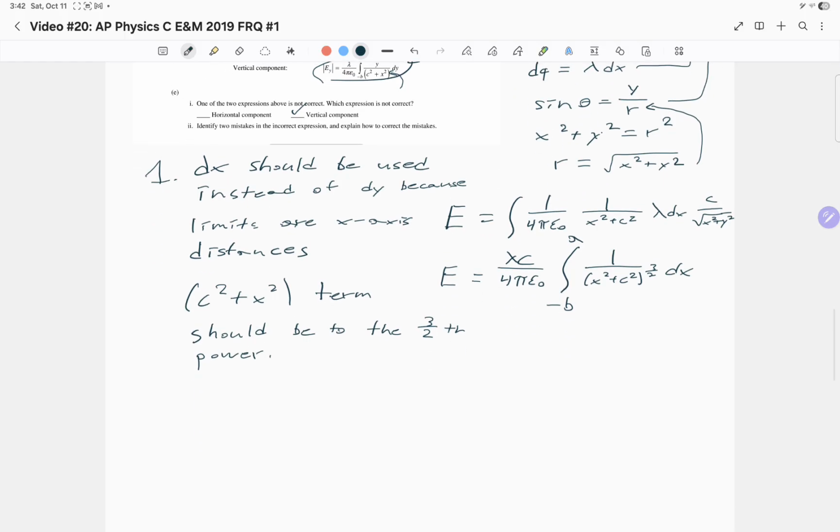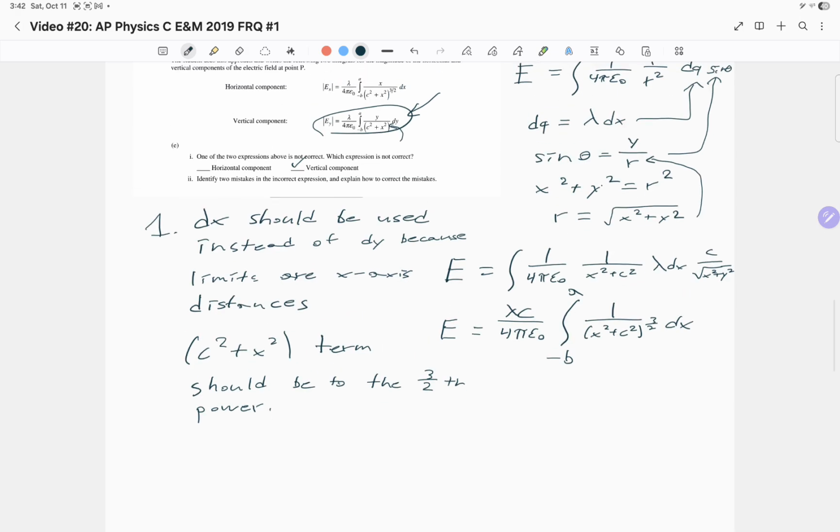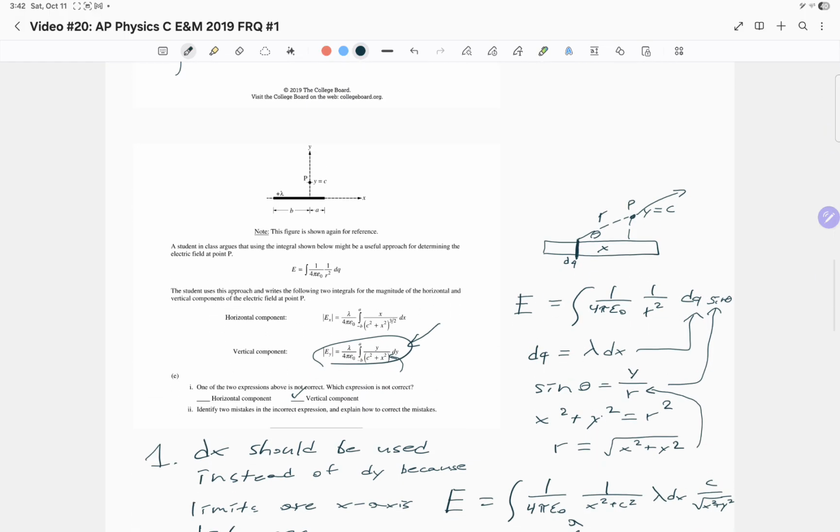Yeah, so those are two mistakes that they would change. And to correct the mistakes, instead of the first power, have it be 3/2. For the dx mistake, I would replace dy with dx. And if you make those two changes, you're going to get the right answer, because you would have y equals c, and c would come out of the integral, and then you would have exactly what we got here. So those are the two mistakes that they had in part E.